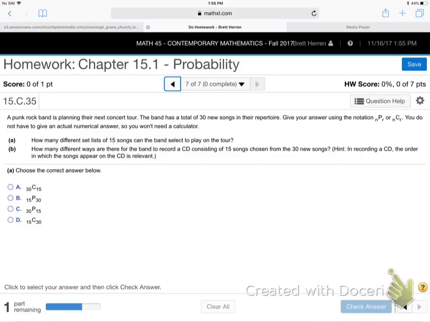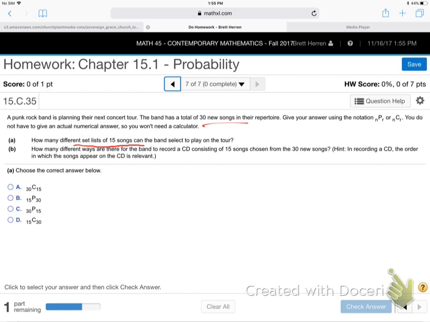All right, number 7, a punk rock band playing their next concert tour. They have 30 new songs. And basically they're asking, how many different set lists of 15 songs can the band play? So they have 30 songs altogether in their repertoire, and they're going to pick 15 and put them in order to play them at a concert on the tour.